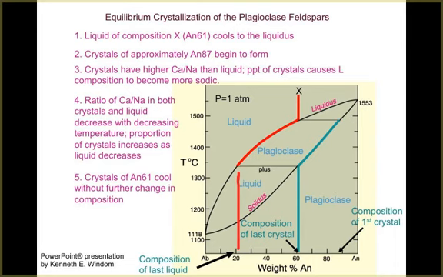We've gone from about 61% anorthite to about 21% anorthite during cooling and crystallization. So crystallizing out plagioclase has a dramatic effect on the composition of the liquid. You are separating out calcium from the magma in the plagioclase crystals and leaving behind a more sodium-rich magma in the end.